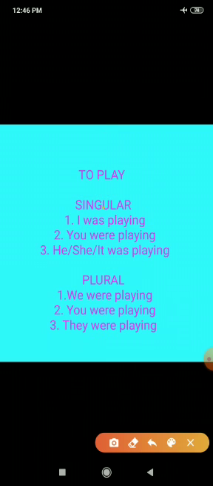Present continuous tense was I am playing. You are playing. And he, she, and it is playing. In past continuous tense, we use was or were.